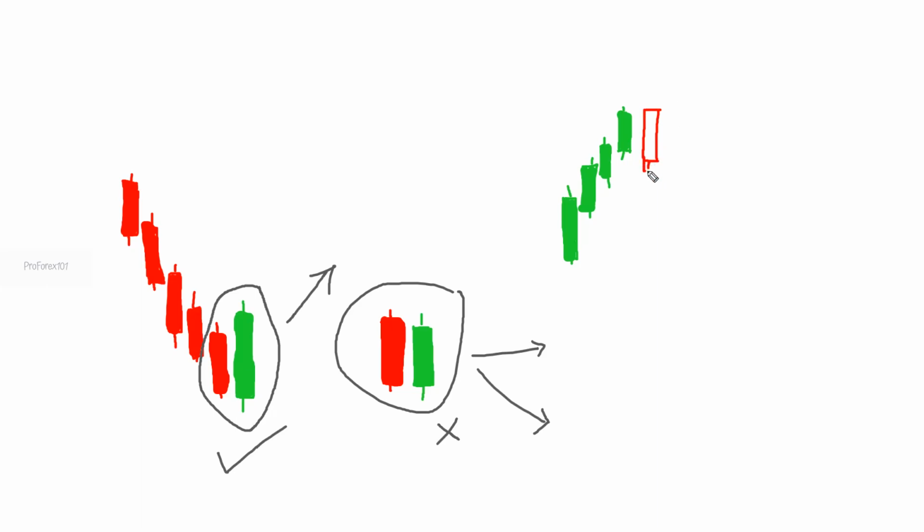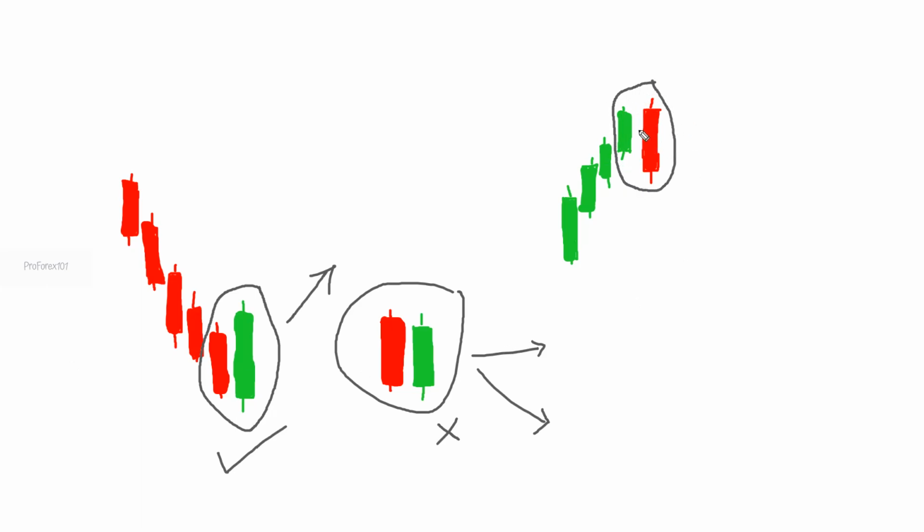Let's do this so it's a bit exaggerated. So here we go, guys. That is your bearish engulfing signal, and that is these two candles combined, not the red candle on its own.